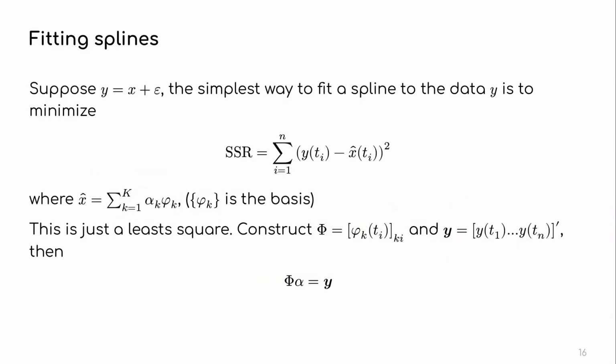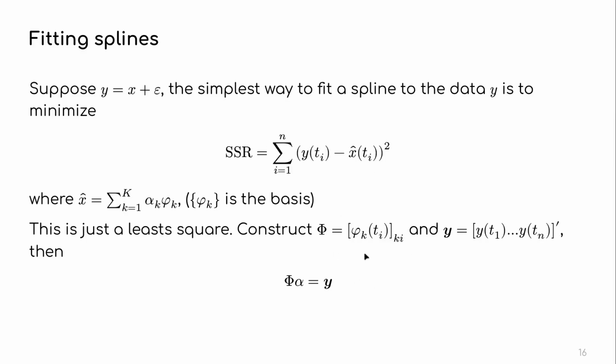So to fit splines, and really most function bases, what you do is solve a least squares problem. So you want to fit the theta to minimize the sum of squared residuals over my sampling points. This is just, again, a least squares problem.